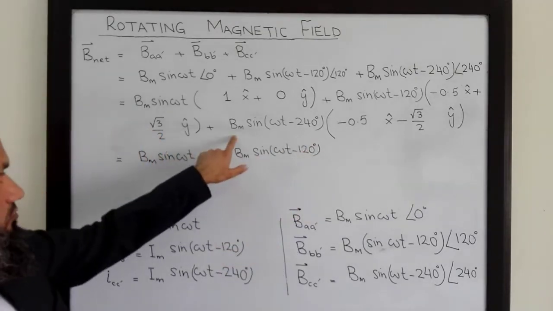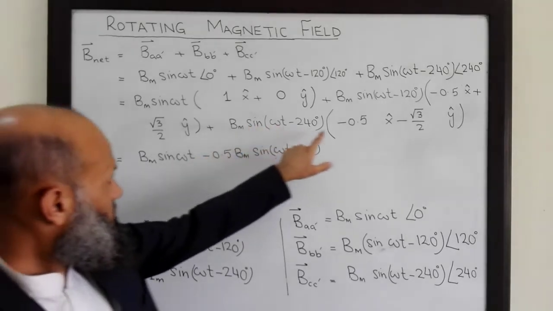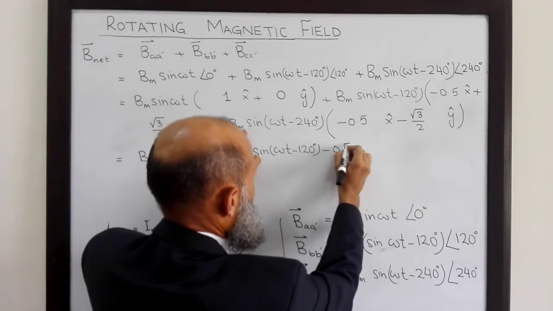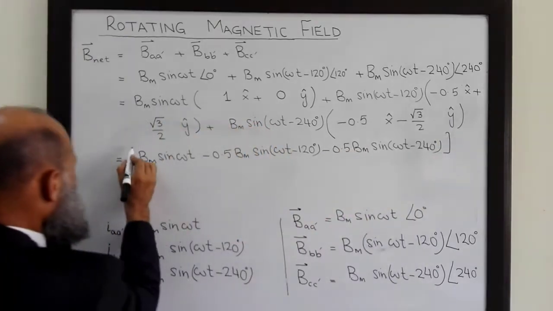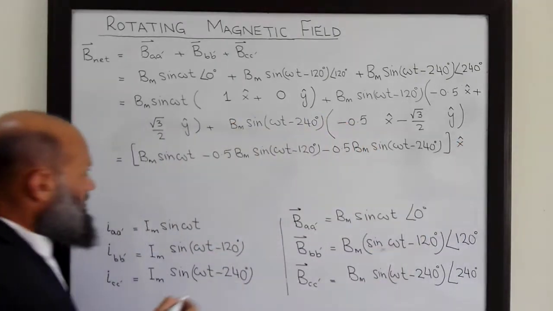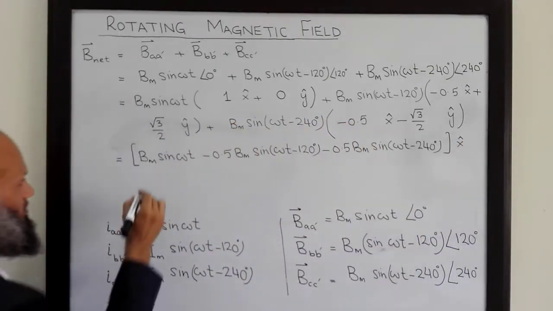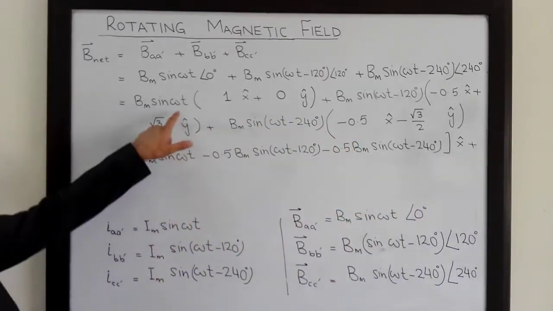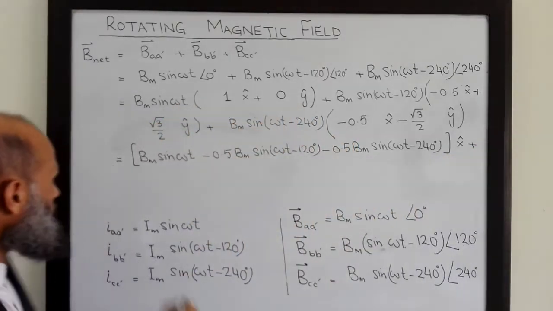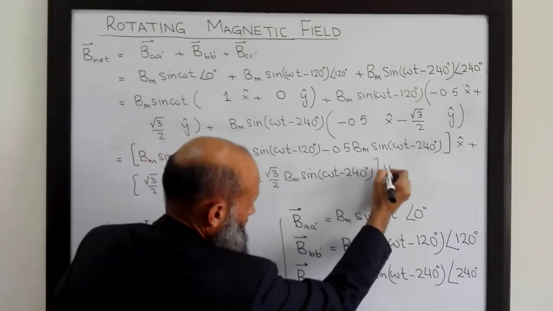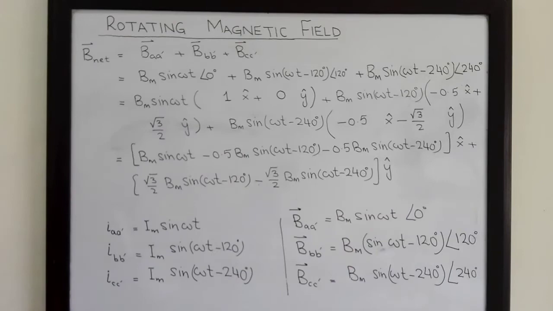And horizontal component of this vector is minus 0.5 Bm sine of omega t minus 240 degrees. This is the horizontal component of the resultant vector. And similarly, the vertical component of the resultant vector is obtained by adding the vertical components.